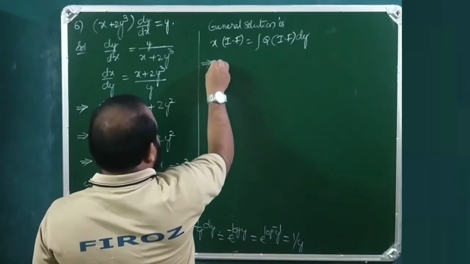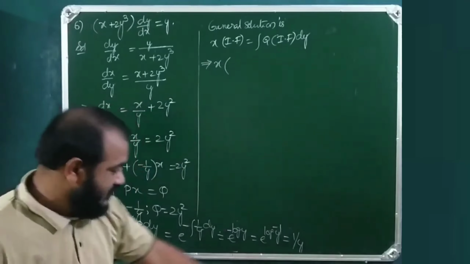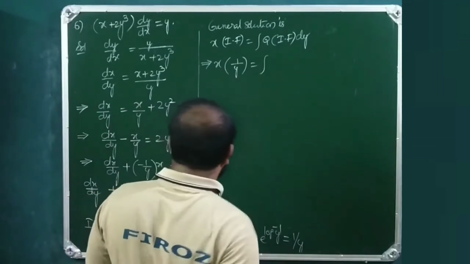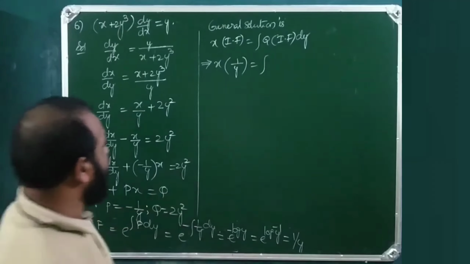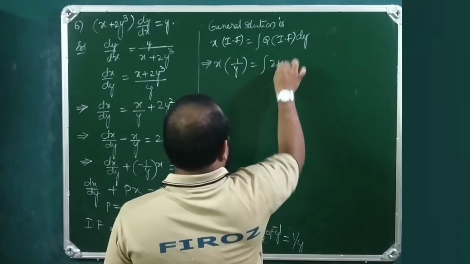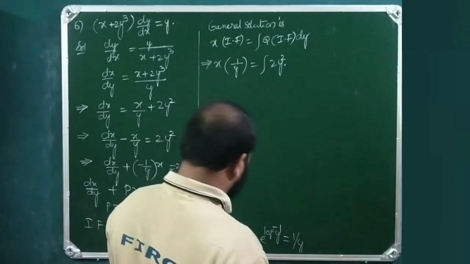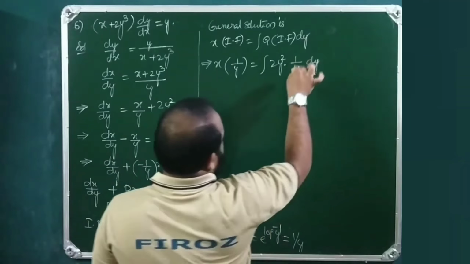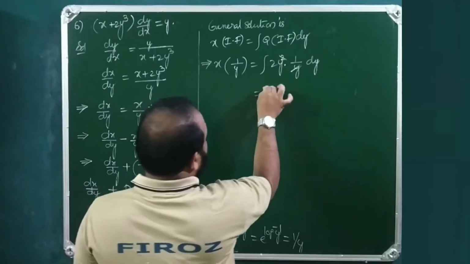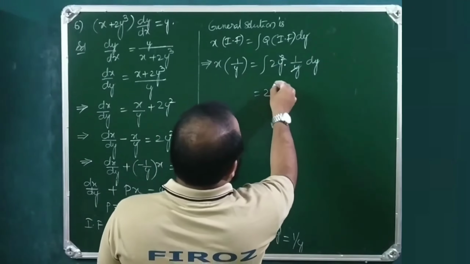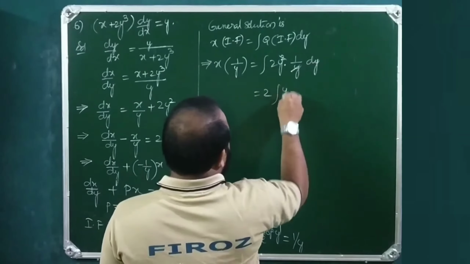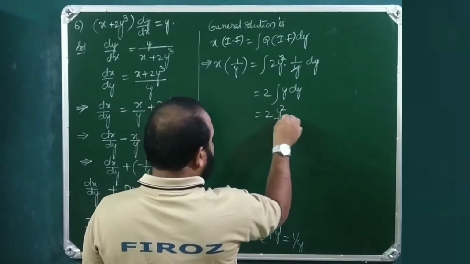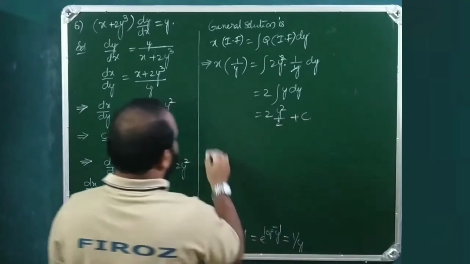So x into integral factor 1 by y is equal to q, 2y square, into integral factor 1 by y dy. So this and this gets cancelled. So this is 2 integral y dy. So 2 into integral y dy is y square by 2 plus constant of integration c.